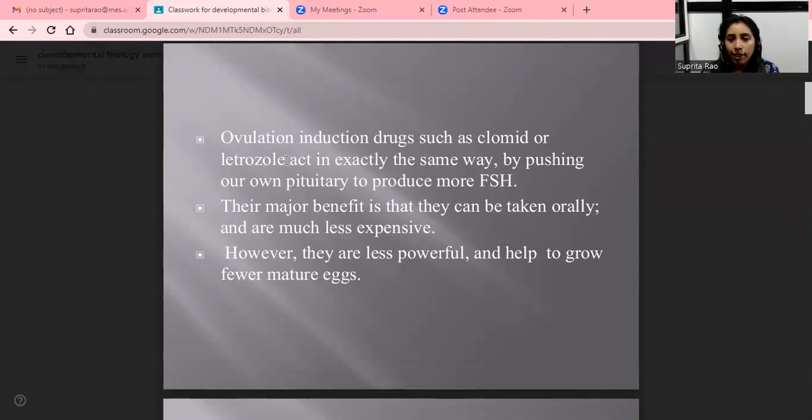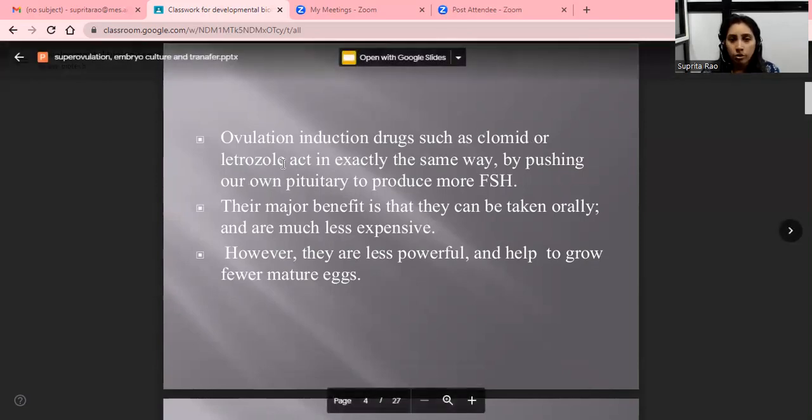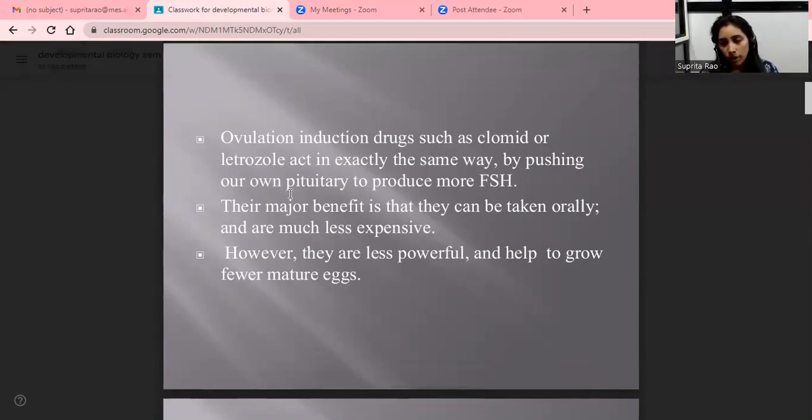Now, this work that FSH and LH are doing can also be replaced with drugs such as Clomid and letrozole, which go in the body and stimulate more FSH and LH to be released from the body itself, rather than directly adding externally produced FSH via recombinant technique or collected FSH.